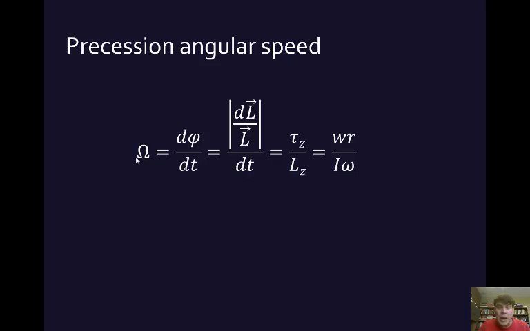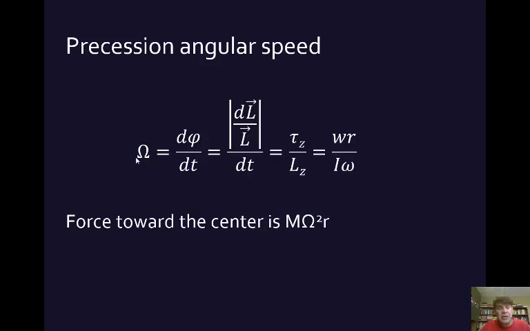So we can substitute weight times r for torque, and we found in a previous video that the moment of inertia times the angular velocity is another way of expressing angular momentum. All of that is to say that we can calculate the precession angular speed using the formula w r over I omega: weight times the radius of the axis divided by the moment of inertia times the angular velocity. So if you didn't understand the explanation, just memorize the equation and apply it.